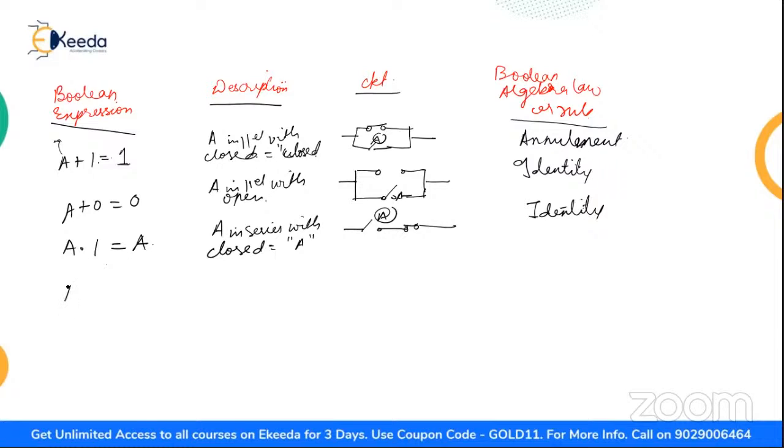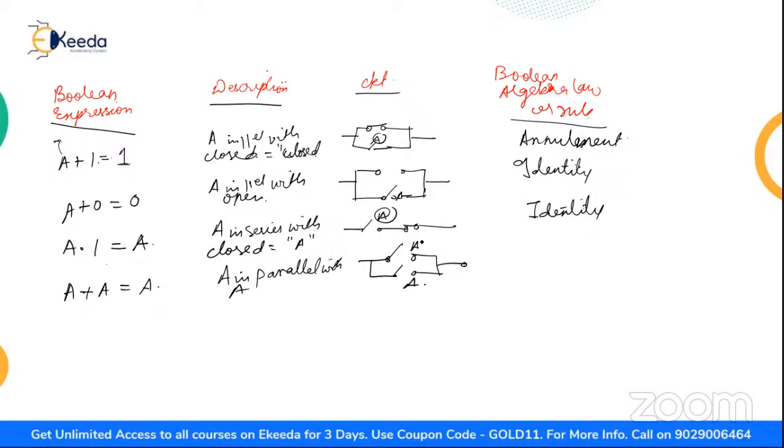Okay, A plus A is equal to A. A in parallel with A. That means whatever is the position of switch A, it will be in parallel with another switch in the same position.